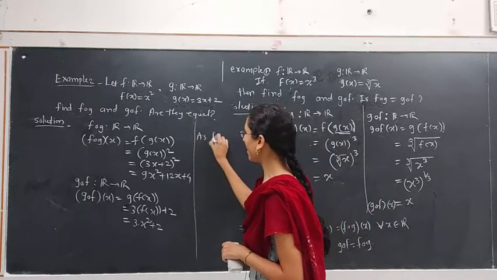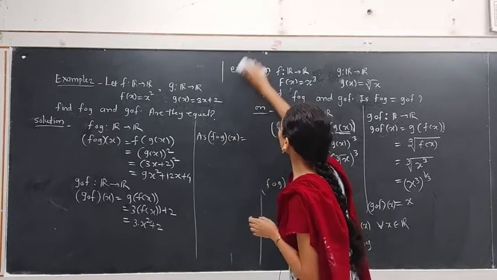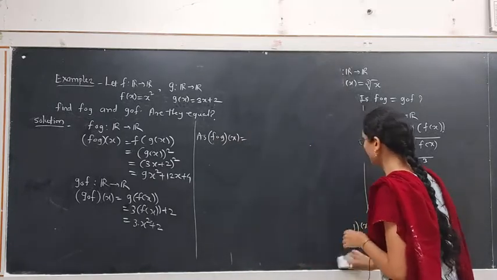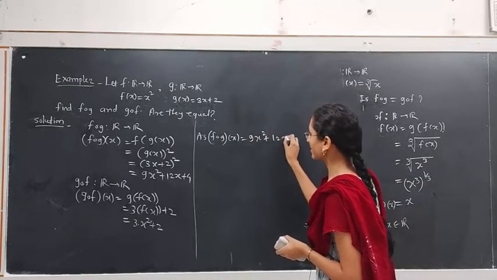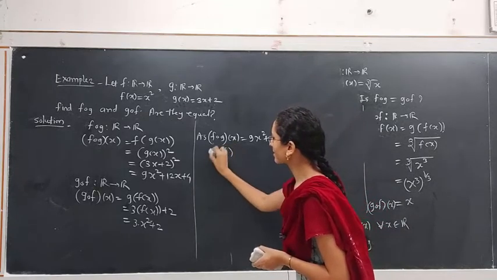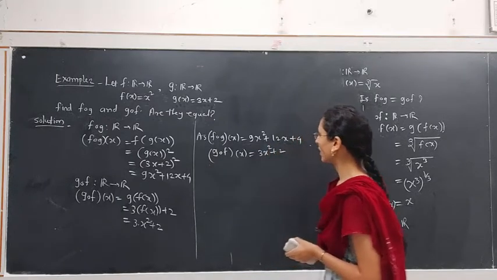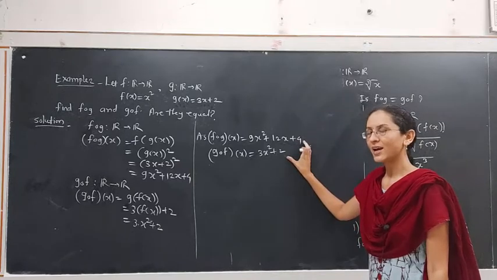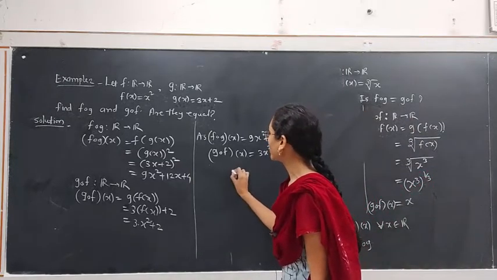As fog of x is equal to 9x square plus 12x plus 4 and gof of x is equal to 3x square plus 2, these two polynomials are not the same, not equal, hence gof is not equal to fog.